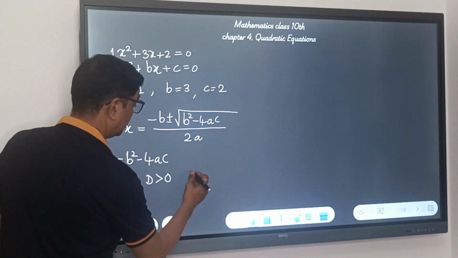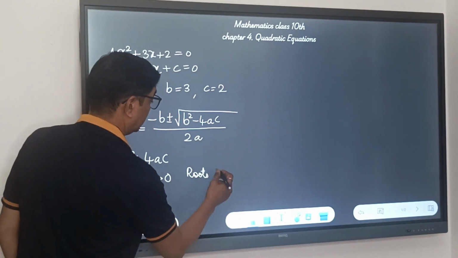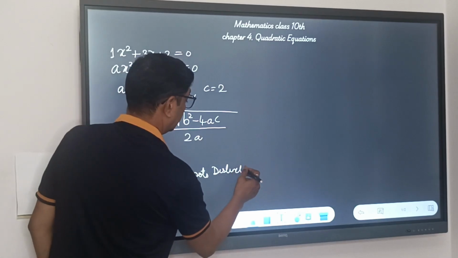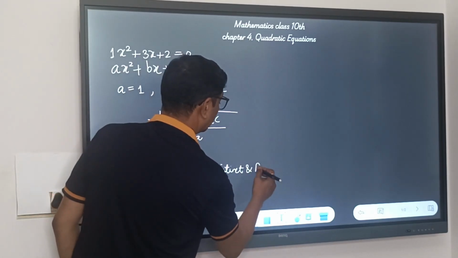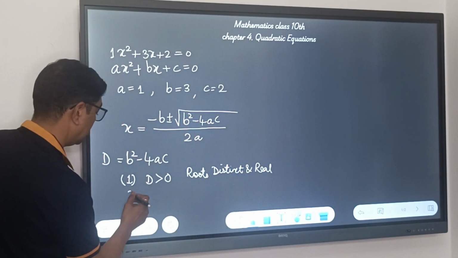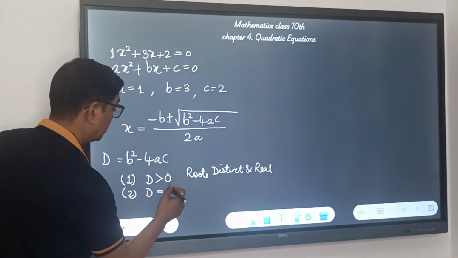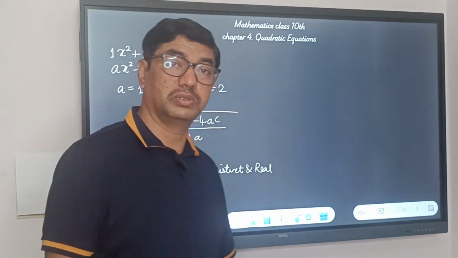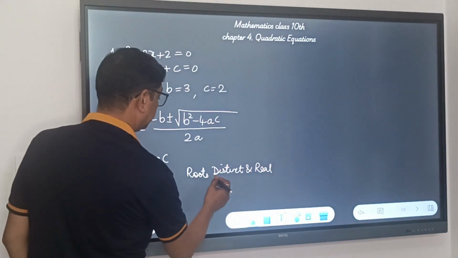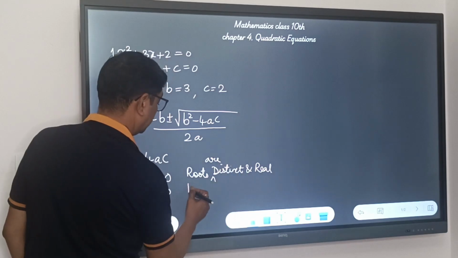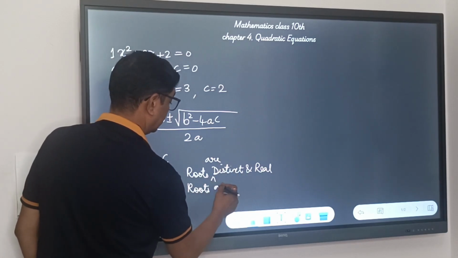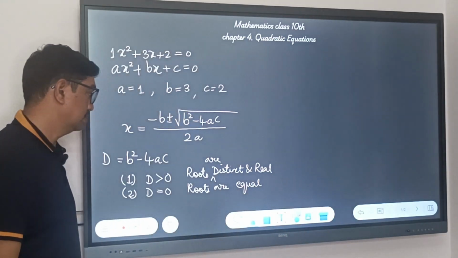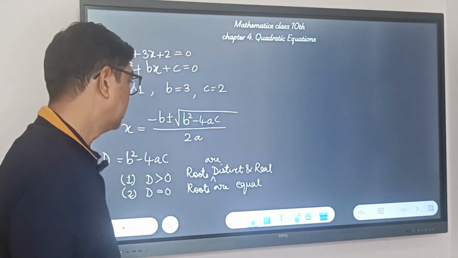And in the second case, if d is equal to 0, that is b square minus 4ac is equal to 0, then the roots are equal.